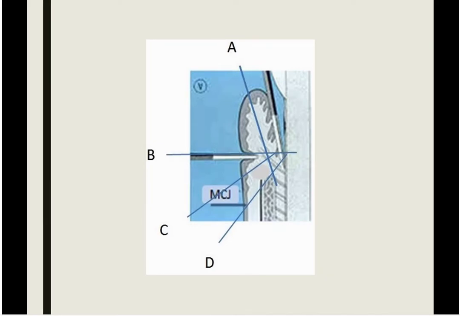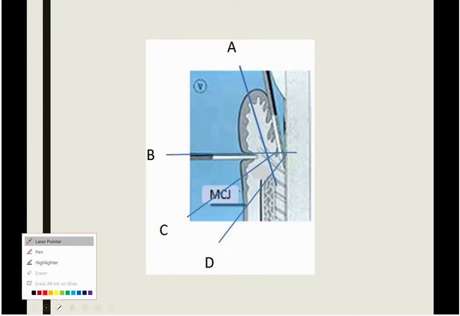I'm not going to belabor this, but I just wanted to make certain that when you look at this diagram, A represents an internal beveled incision, and that can be used for a variety of procedures to raise a flap. So if you're going to raise a flap, you're going to use an internal beveled incision. And I just realized my laser pointer disappeared.